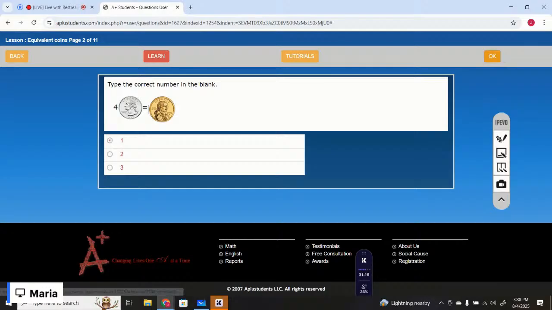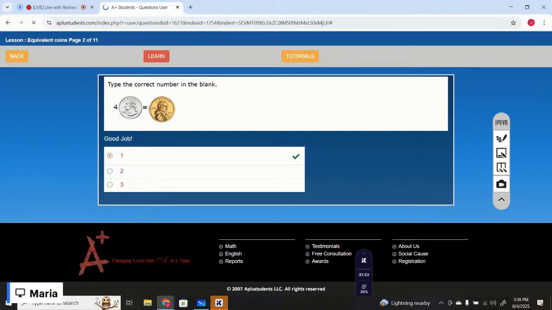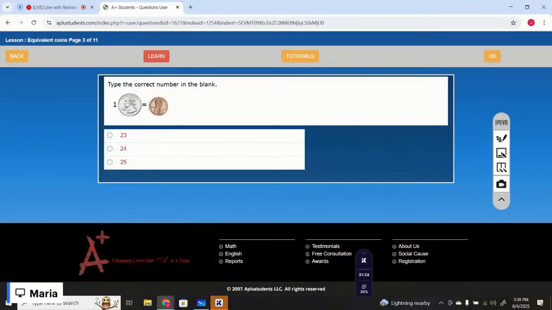The correct option is $1. Type the correct number in the blank.